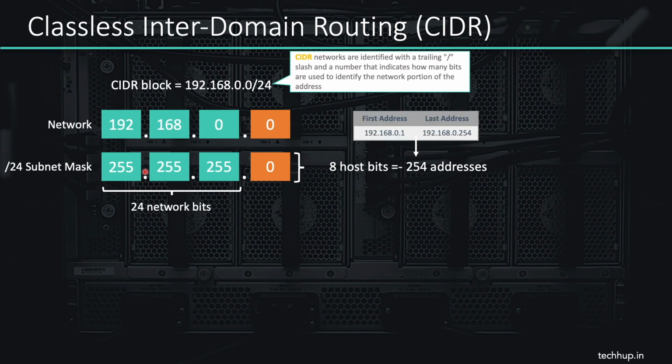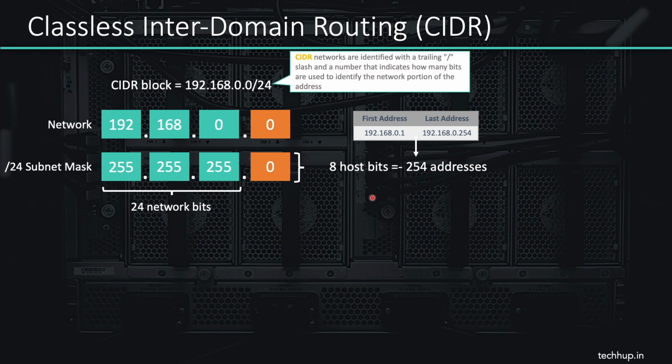So that leads to the first allocatable IP address as 0.1 and the last one as 0.254. And please note that we cannot use 255 because that IP address is the last IP address in the range and it will be used for broadcasting. And the very first IP in this range, that is 0.0, is the network ID. Hence, those are two reserved IP addresses and cannot be allocated to any host.